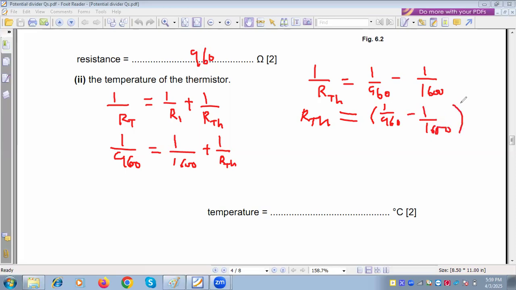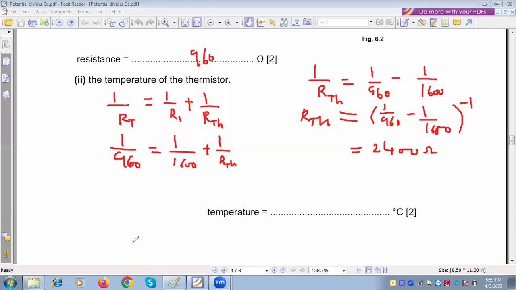So if I solve 1 upon 960 and 1 upon 1600 separately and take the reciprocal of the answer, the answer will be 2400 ohm. So at 2400 ohm, let us see what the temperature is from the graph.